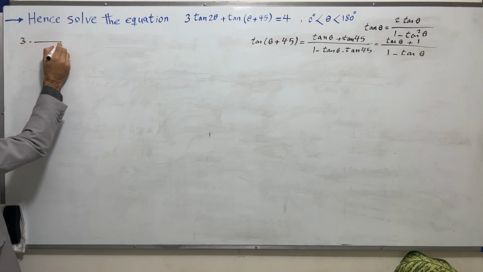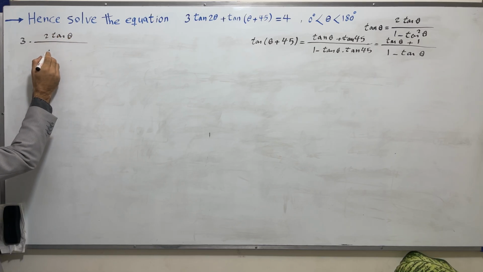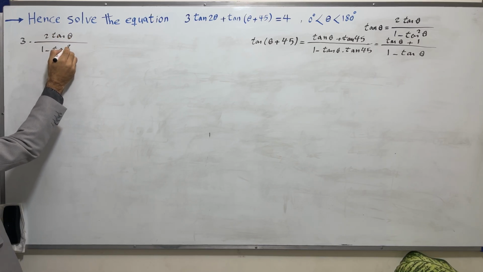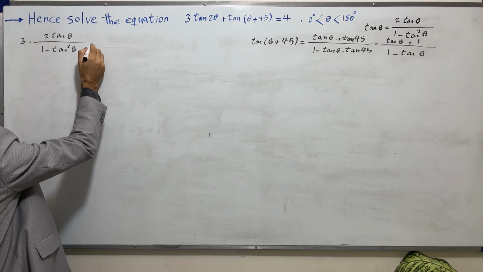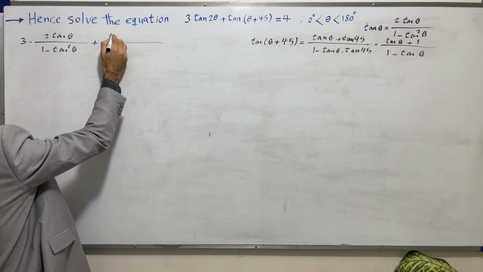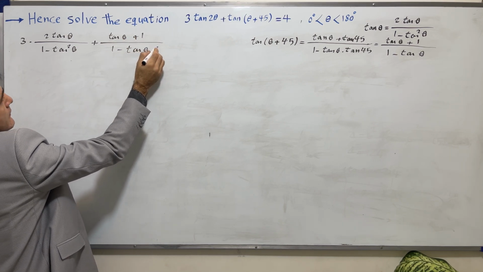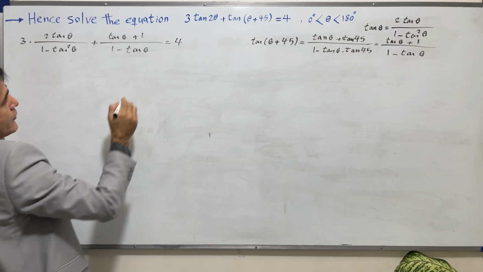3 times the fraction 2 tan θ over 1 minus tan squared θ, plus the second fraction (tan θ + 1) over (1 minus tan θ), equals 4.